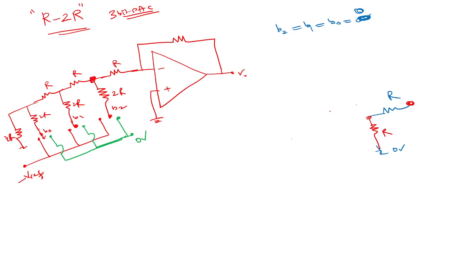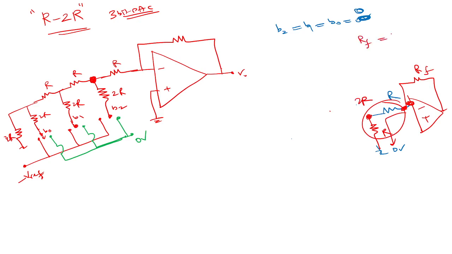The entire portion to the left is all R. Then there is R here, minus plus, and there is RF going here like this. So the effective resistance seen from here to here is again 2R. So if you don't want extra additional gain, you can just maintain RF equal to 2R.